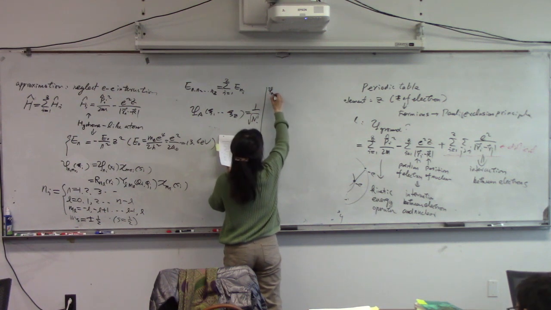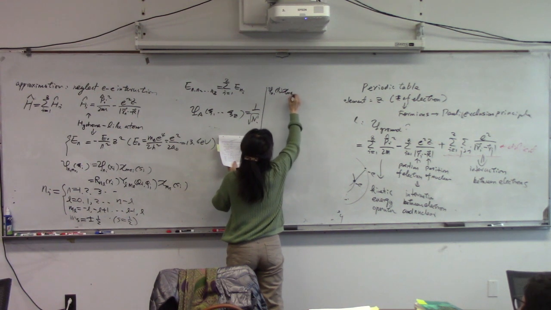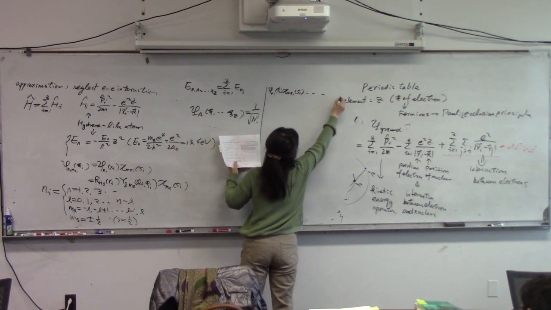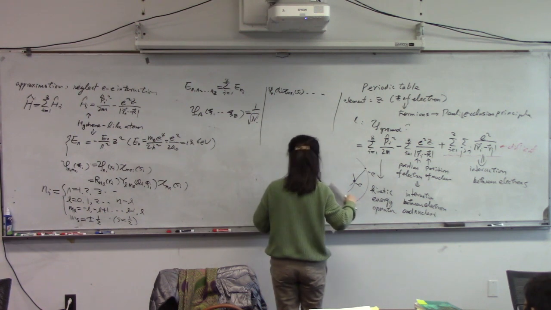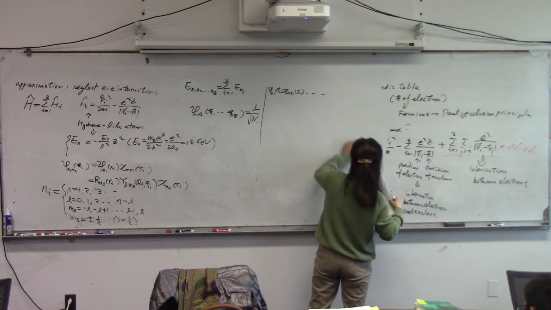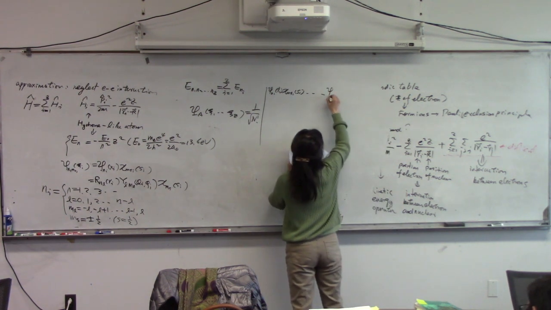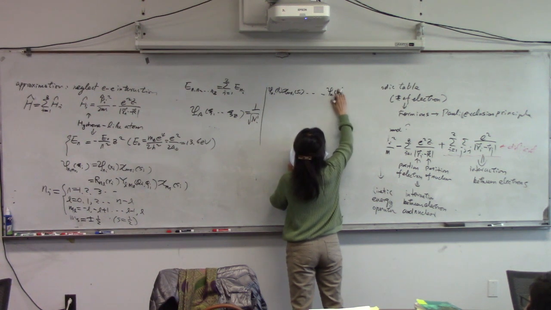So that is n1, r1, ms1, s1. And then this goes to the end, the same states, but the position is of the nth particle.